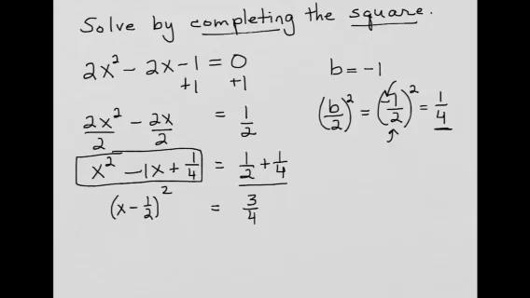And you can do that in your calculator by just taking 1 divided by 2 plus 1 divided by 4, hit math, and then the enter key twice. So you don't have to do that by hand. Now I've got x minus 1/2 quantity squared equals 3/4.